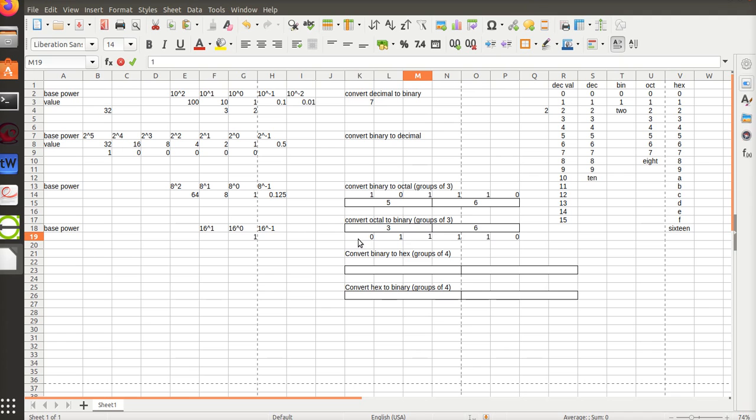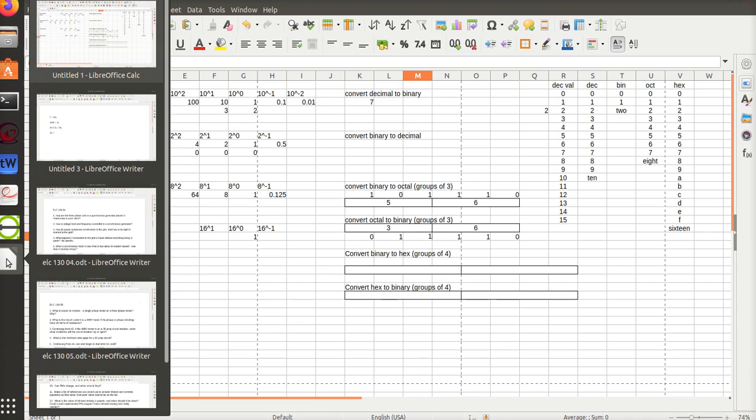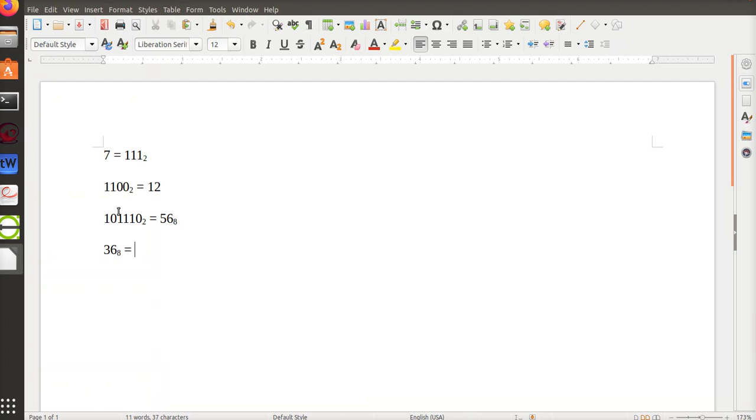So we now know that 36 octal is 0, 1, 1, 1, 1, 0 binary, base 2. And you've got to have the base or it isn't a number.